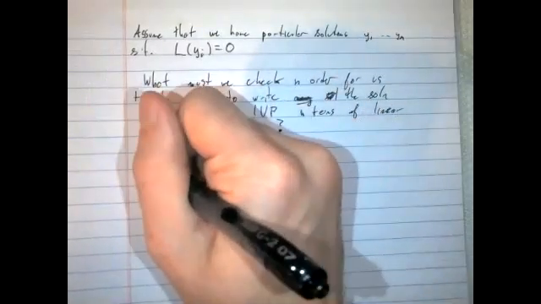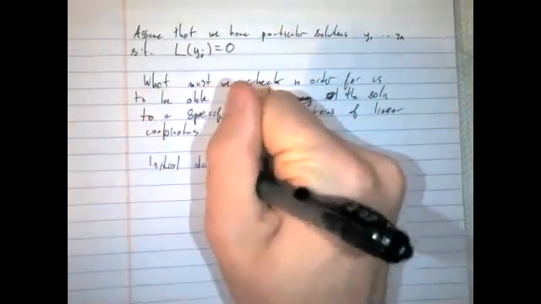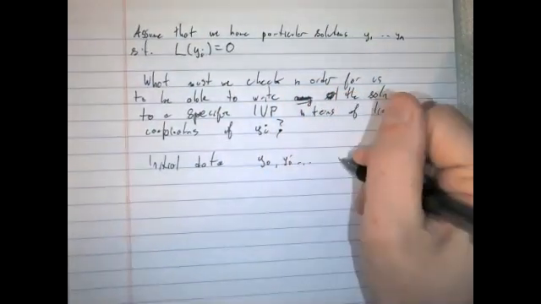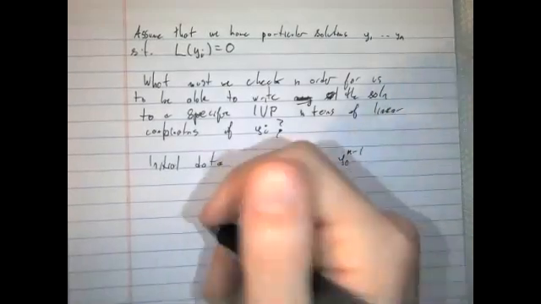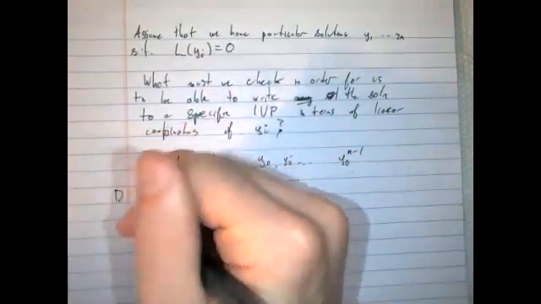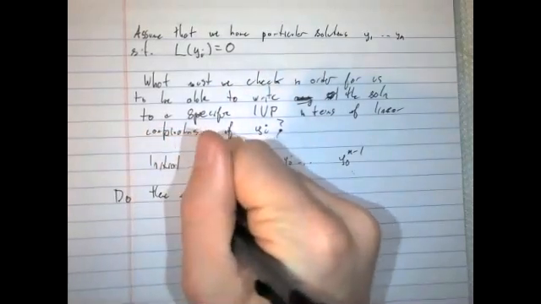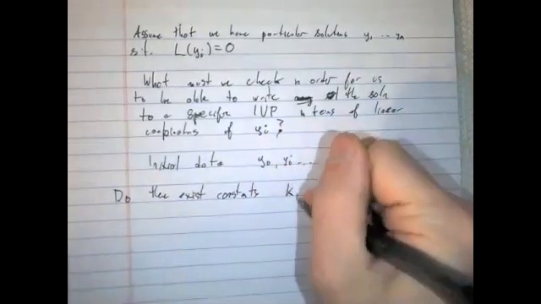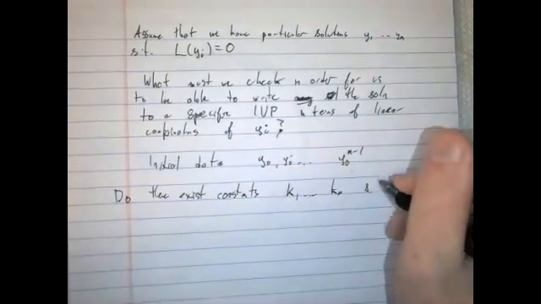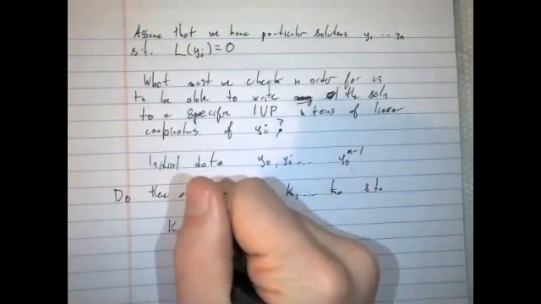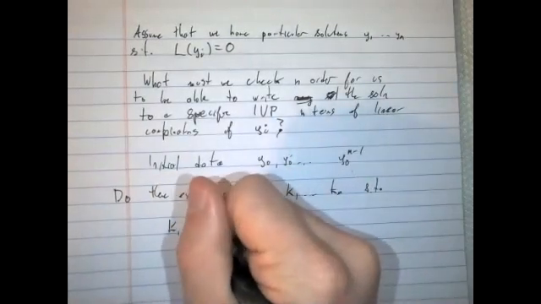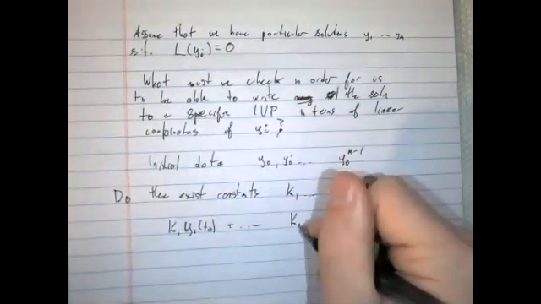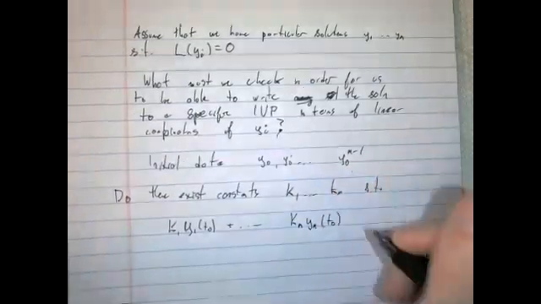It means if we're given initial data, y0, y0 prime, all the way up to y0 to the n minus 1, then what we're asking for is, do there exist constants k1 all the way up to kn, such that, well, first of all, k1 y1 at t0 all the way up to kn yn at t0, what does this have to be equal to?